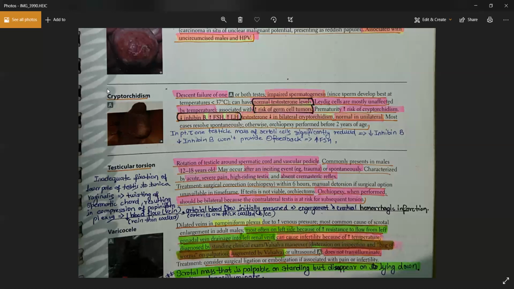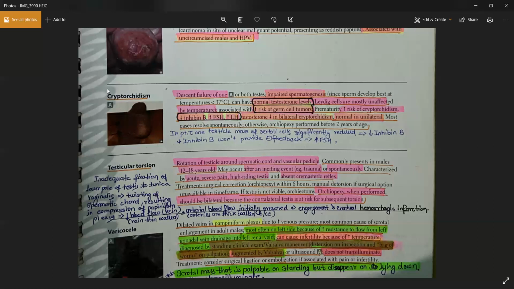Any doubt, please ask. People with unilateral cryptorchidism would still have estrogen production, right? Yes, they will have a normal level of testosterone, and a normal level of estrogen, or slightly decreased of course. But remember I told you about the unilateral orchiectomy condition in the previous part we discussed in the physiology.